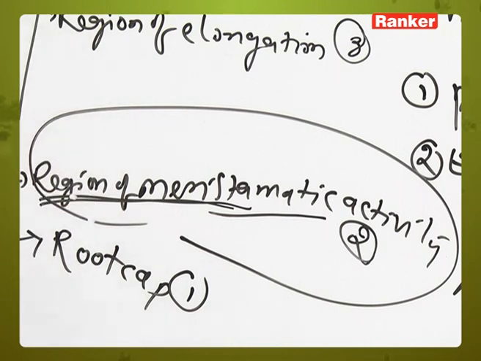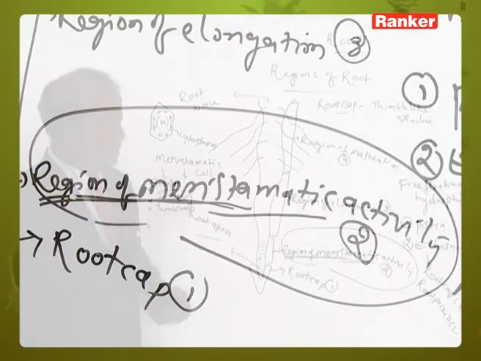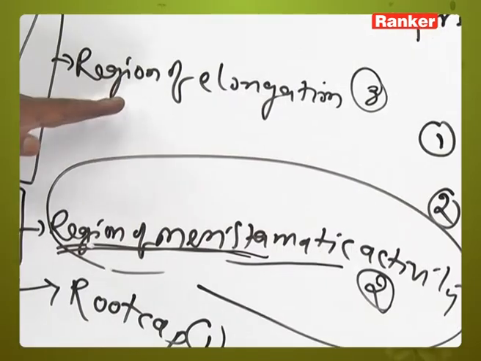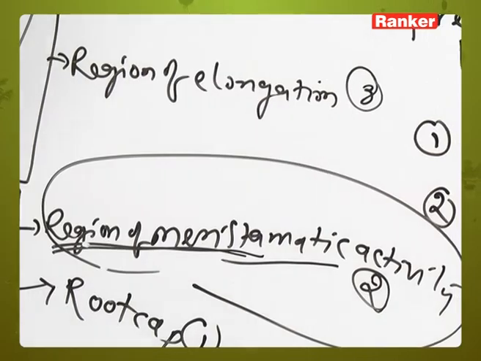Proximal to the region of meristematic activity is the region of elongation. What happens in the region of elongation?